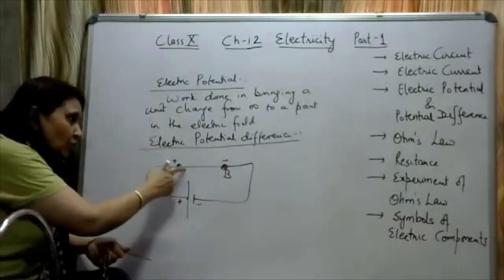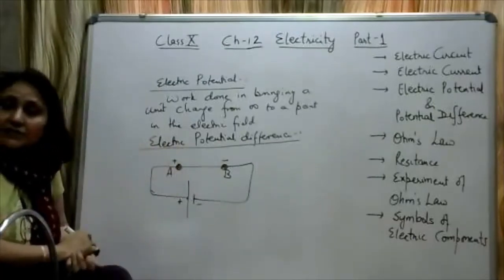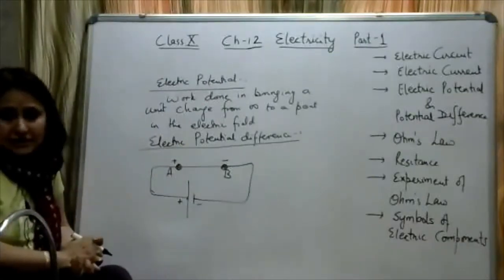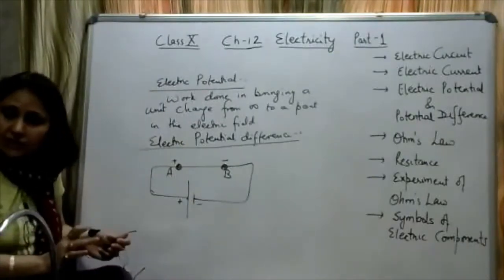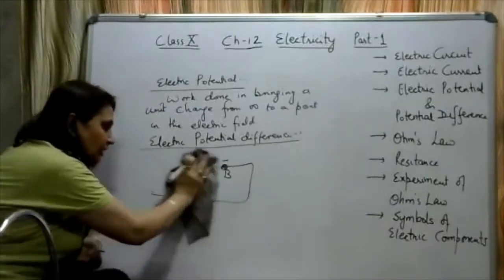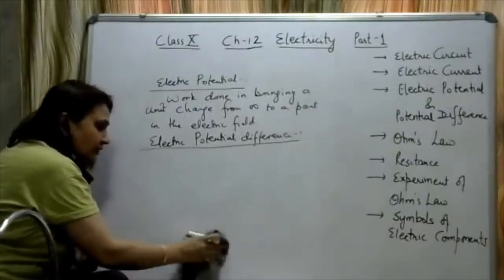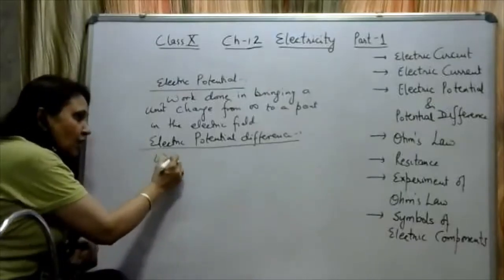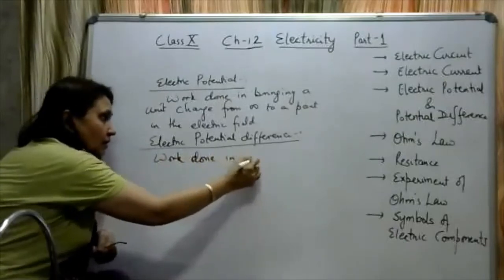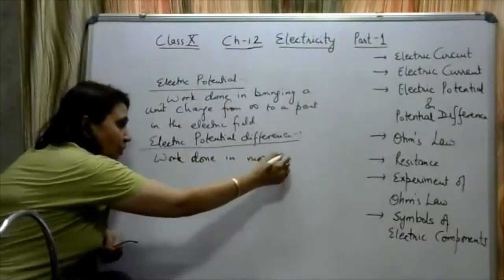The current only flows whenever there is a potential difference between any 2 points in an electrical circuit. No potential difference, no current will flow. So how can we define this potential difference? Potential difference is defined as the work done in moving a unit charge from one point to another.